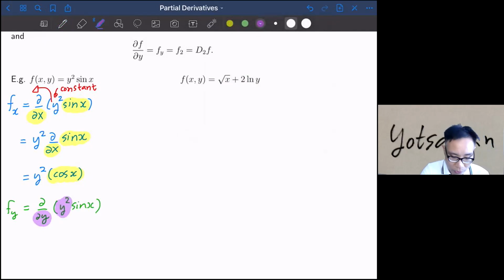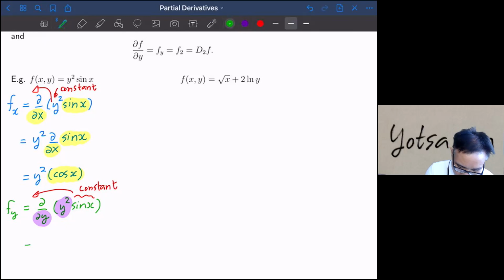So x here is a constant, and we can move sine x outside, and find d/dy of y squared.